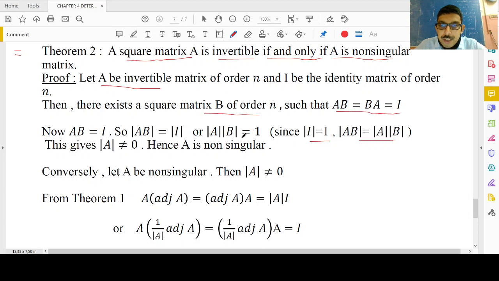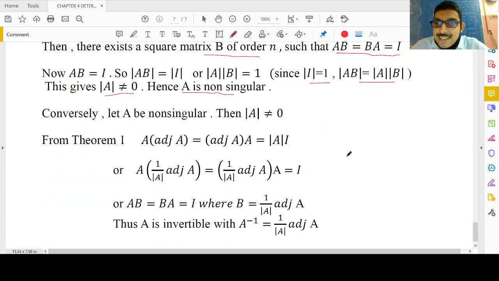The product of the determinants equal to 1, so both of them should be non-zero. This means that determinant of A should not be 0. So hence A is a non-singular matrix. We assumed that A is invertible and we got that A is non-singular.